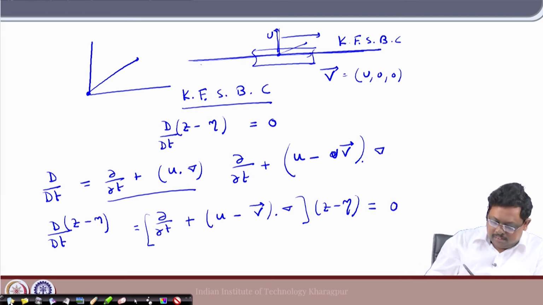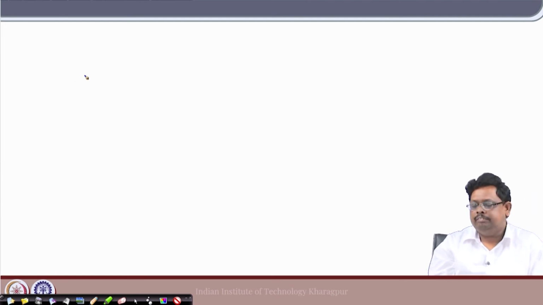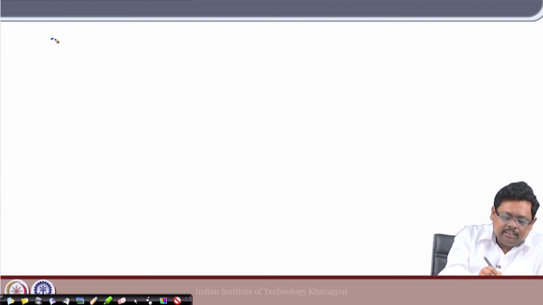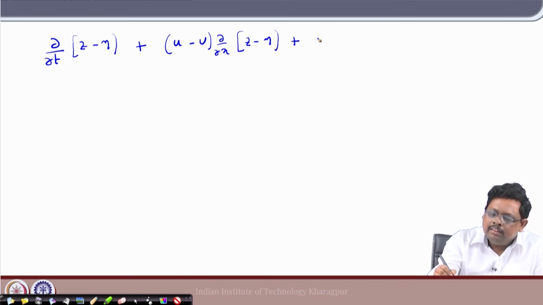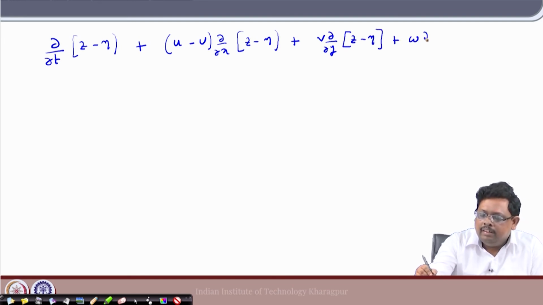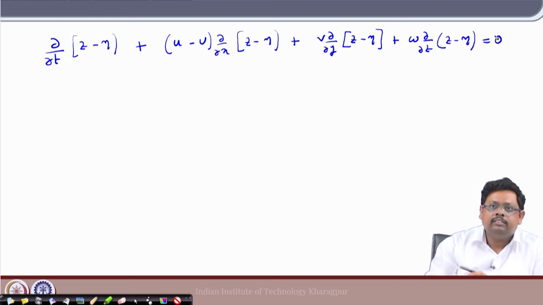Okay. Now, if I do this, then what I get is as follows. We have del/del t of (z minus eta), plus (u minus capital U) into del/del x of (z minus eta), plus v into del/del y of (z minus eta), and then plus w into del/del z of (z minus eta), and that should be equal to 0.